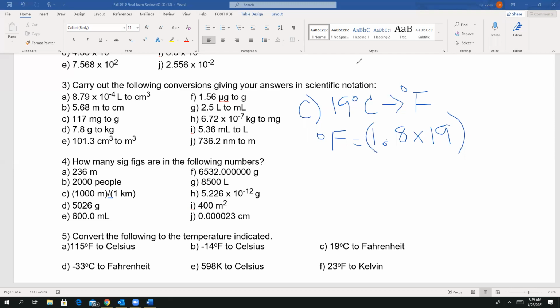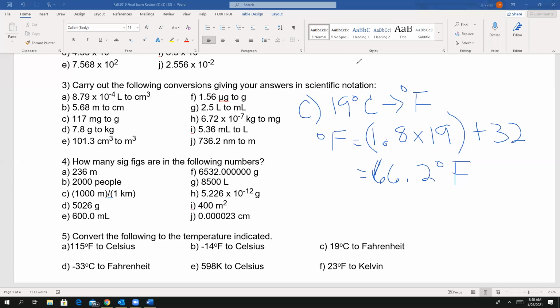And then you add 32. So this is going to give me 1.8 times 19. That's 34.2 plus 32 is equal to 66.2 degrees Fahrenheit. Okay, and that's that one.